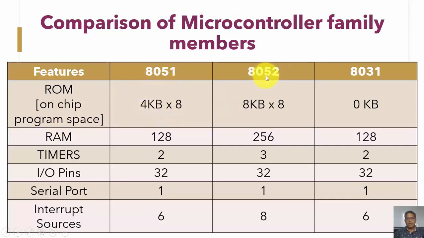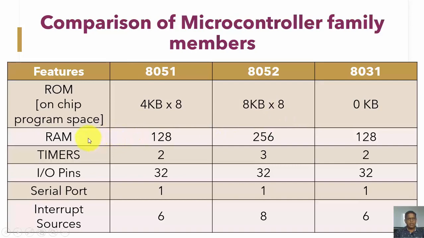In the case of 8052, 8 KB space is available, whereas the internal inbuilt ROM is absent in the case of 8031. And whatever memory is available, it is organized as 8-bit bytes. Each slot associated with this internal ROM, which is 4 KB in 8051 and 8 KB in 8052, has 8-bit capacity.